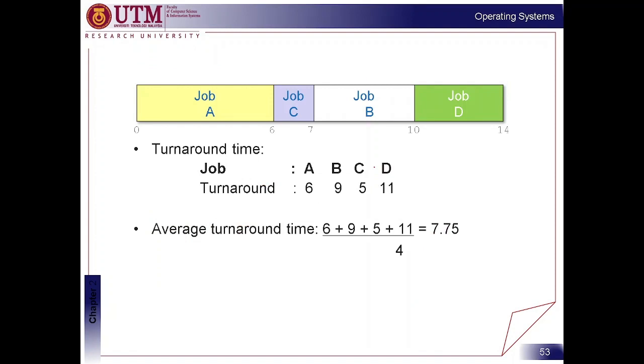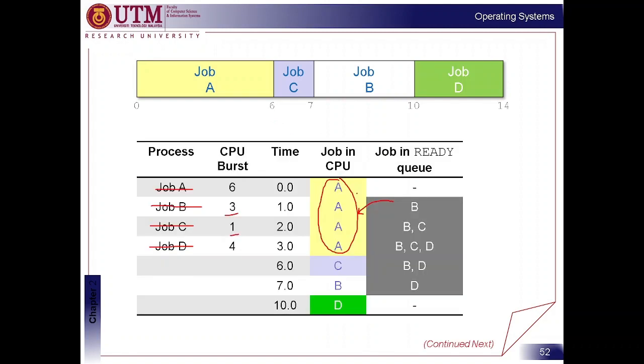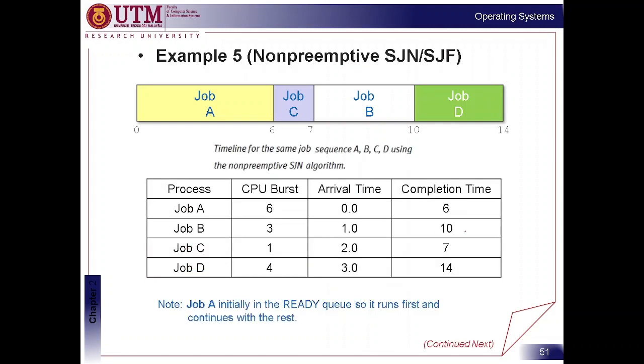We continue. This is the turnaround time. To get the turnaround time, we subtract the arrival time from the completion time. Here, this is the completion time, and we subtract 0 from it, so we get 6.